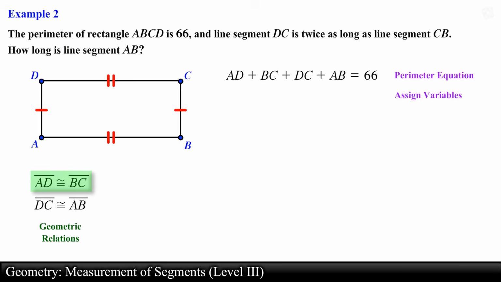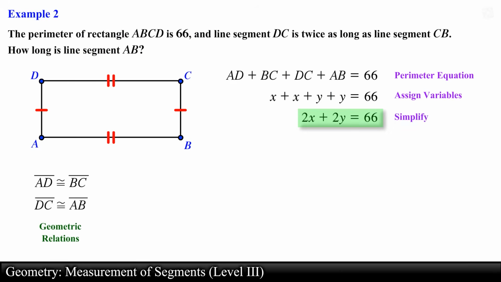Since line segment AD and line segment BC are congruent, we can use the variable x to represent their length. Similarly, we can use the variable y to represent the length of segment DC and segment AB. Substituting these variables into our perimeter equation and simplifying, we obtain the following.